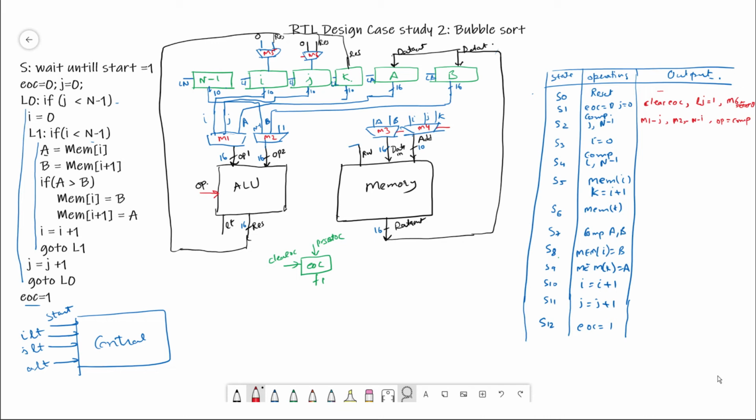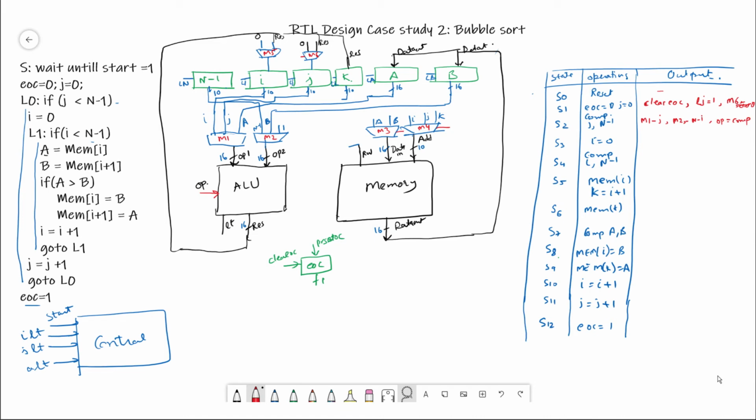So in the S2 state we are comparing j with n minus 1. Both the select signals are there, and the output LT would be used for our next state, whether we go to the S3 state or to the S11 state, the end of computation state.